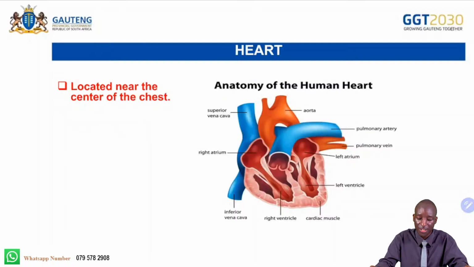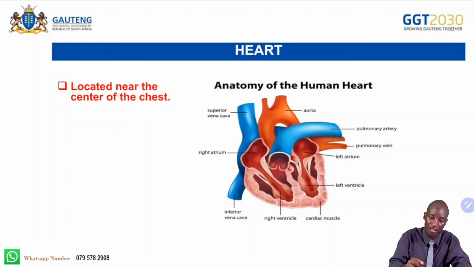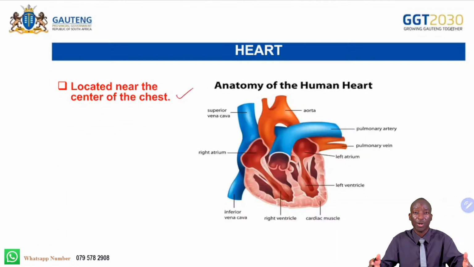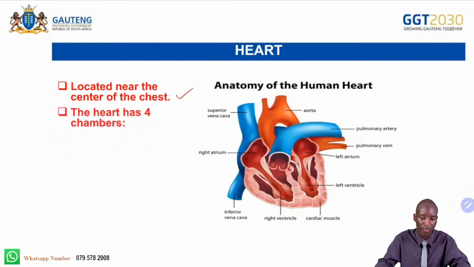As we talk about these parts throughout, at least you'll know what you are talking about, where they are positioned, and the function of each of the parts found in our hearts. Where is it located? It's located near the center of the chest. What else do you need to know about the heart?